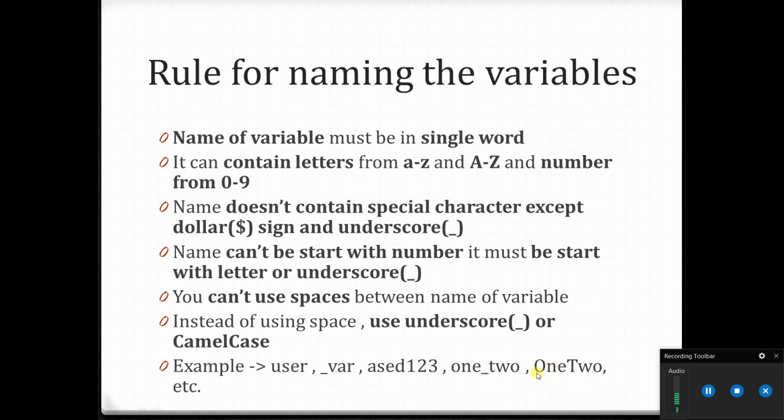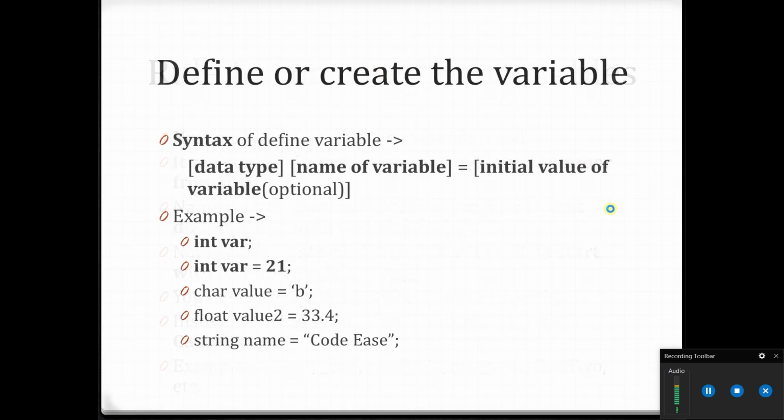Here 1 and 2 are different words, but we want to use these words for our variable. So what we can do is use the first letter of each word as a capital. The first letter of 1 is O, which is capital, and 2 is T, which is capital. So this is all about the rules for naming the variables.